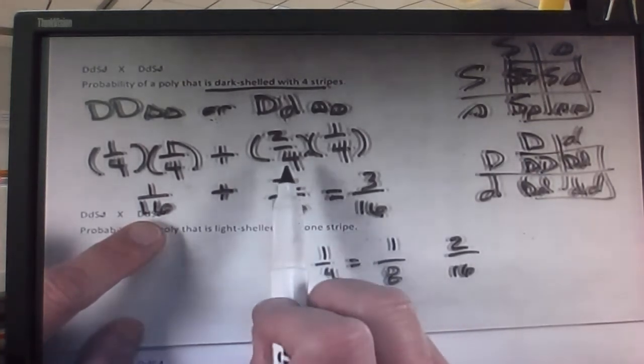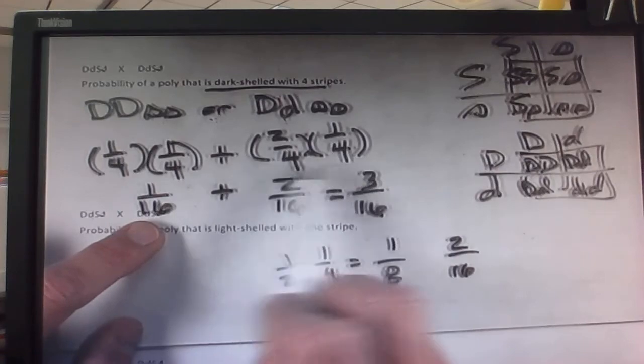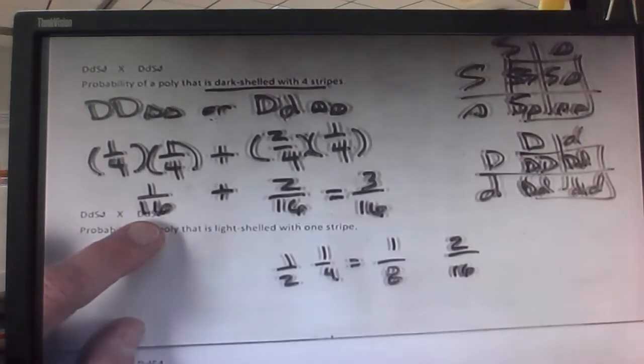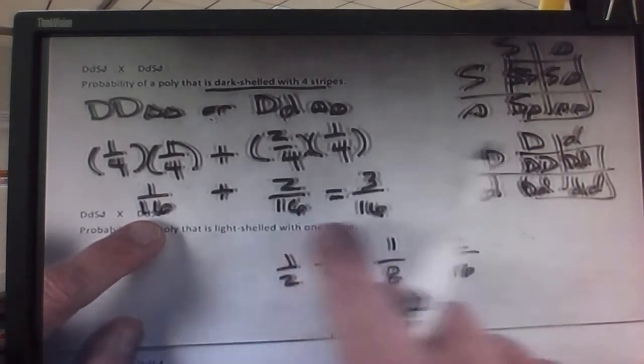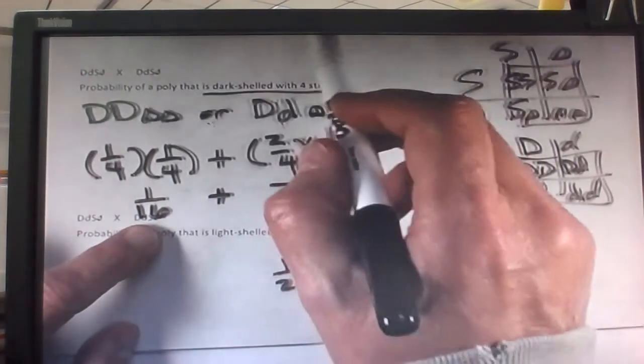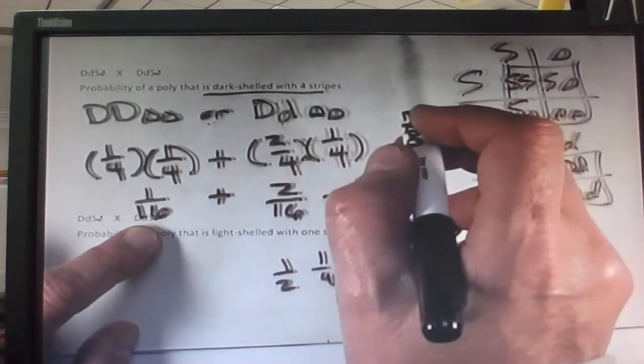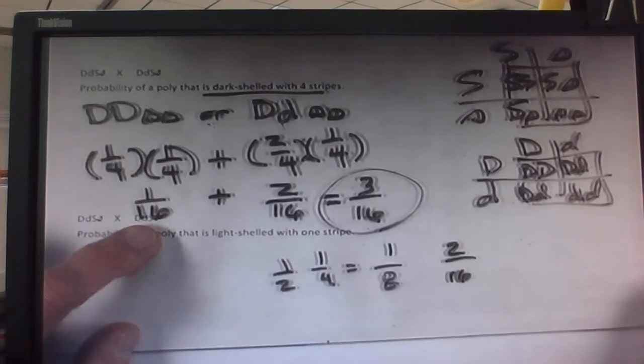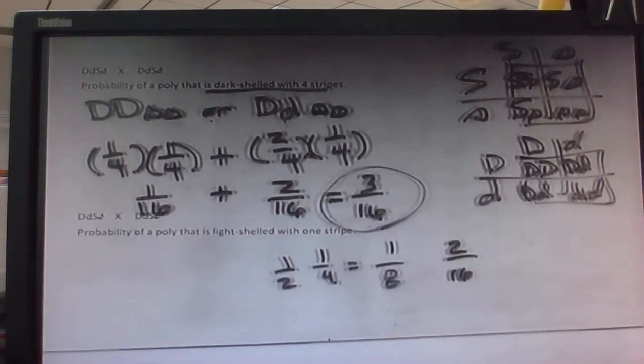So by simply leaving it in its unsimplified form up here, I don't have to do more work later on. Because if I get to the end and I have 4/16, then I can simplify it then. But if I get to the end and I have 3/16, well, that's my answer. And I'm done. Make sense?